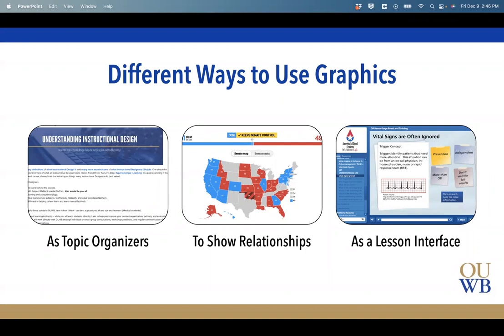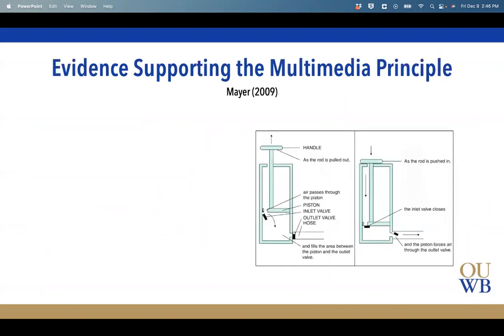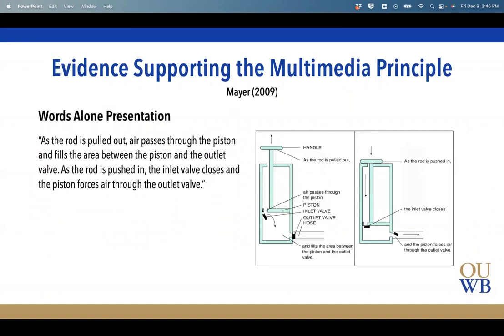And just for the sake of time, I'm going to continue on here. What evidence do we have that supports the multimedia principle? Mayer in 2009 did a study where he presented information to learners about how a bicycle pump works. And he did two versions of this presentation. He did one that was a words alone presentation.